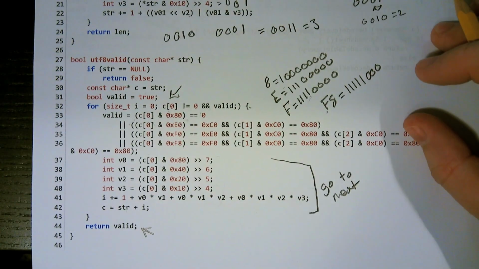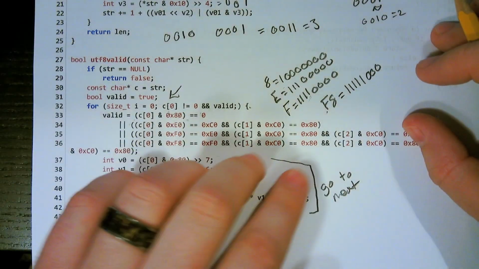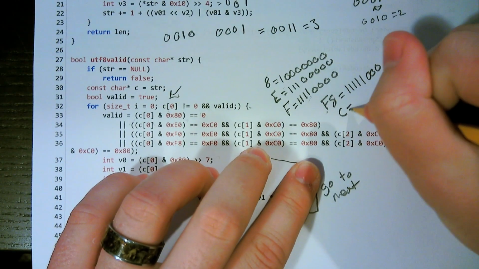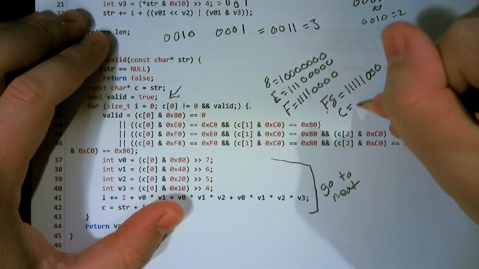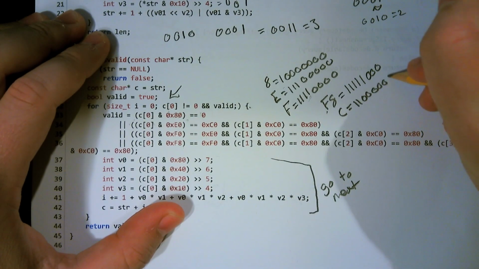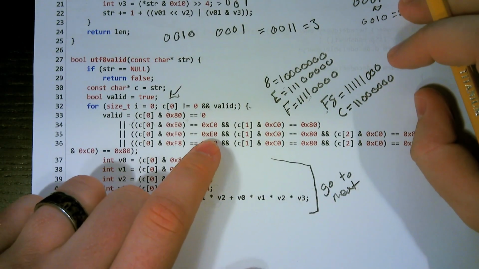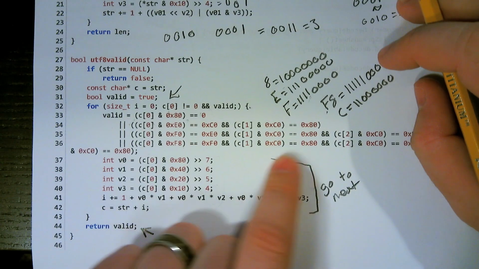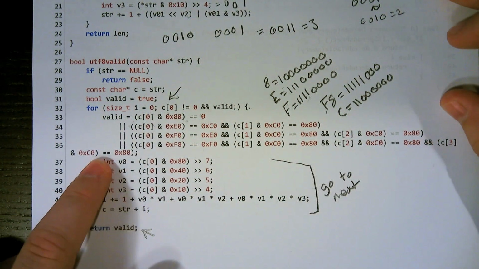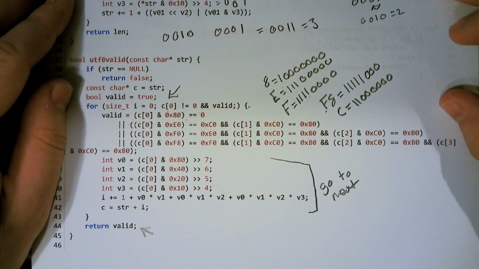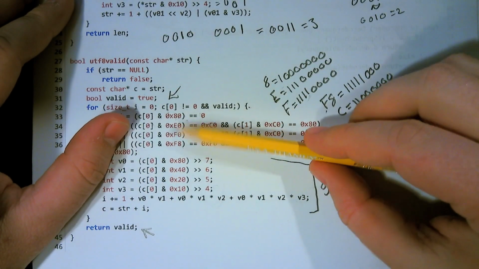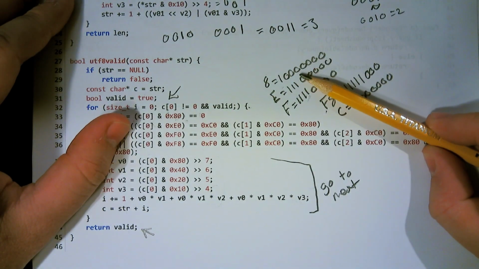And then we have our C, which is going to be equal to 1100, and then all the rest zeros, 1, 2, 3, 4, right? Let's see, what else do we have? E we already covered, F we already covered, C we covered, 8 we've covered. Okay, so we've covered all the cases now for this. Now let's look at the first bit mask, that's an 8, which is going to be this first one here.